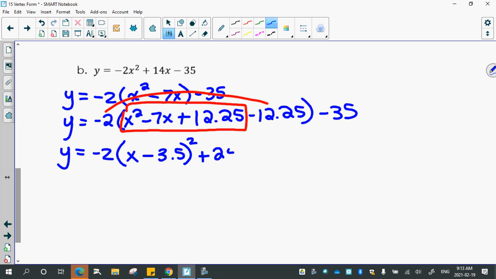Oops, should have done that in red. And then minus 35. Negative 10.5? Yeah. Thank you.